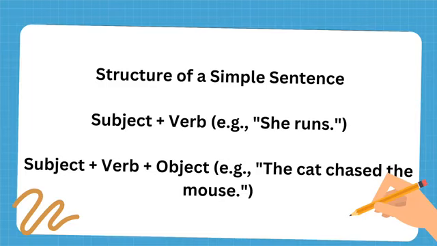Example, she runs. She is the subject, runs is the verb. Then we can have a simple sentence in the structure of a subject plus a verb plus an object, e.g., the cat chased the mouse. Subject, verb, object. The cat is the subject, chased is the verb, and mouse is the object.